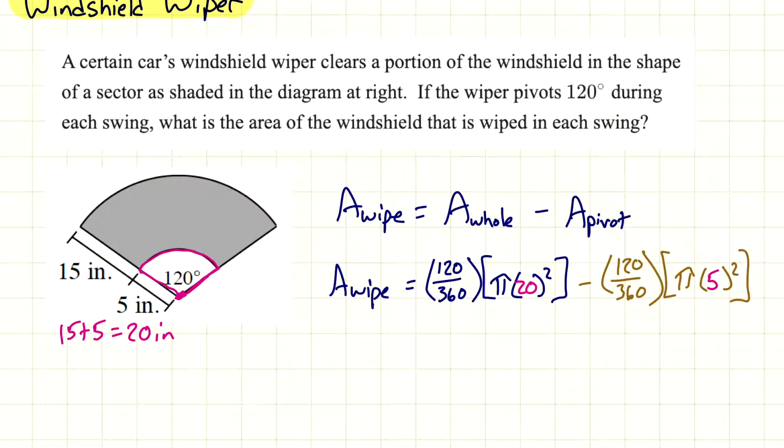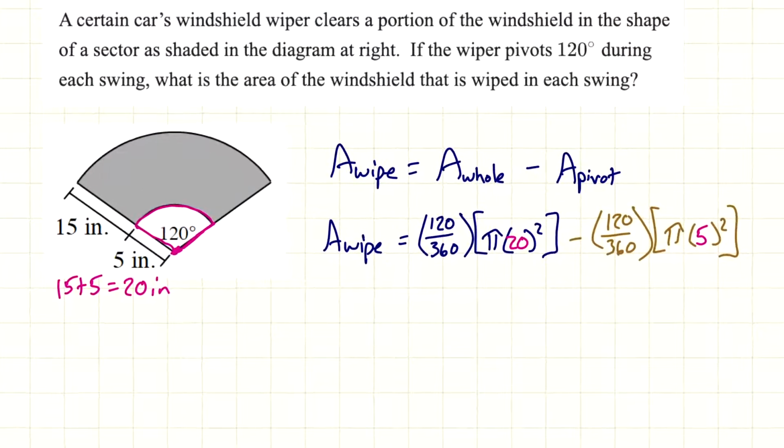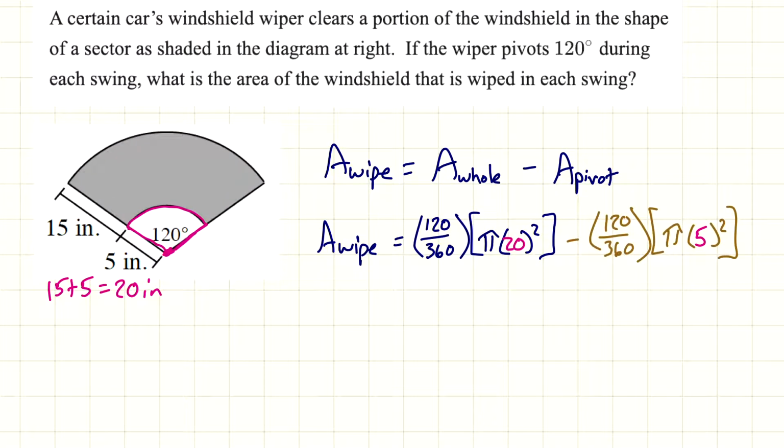Let me ask you a couple questions. What does 120 over 360 reduce to? So what's the smallest fraction that we could get from this?